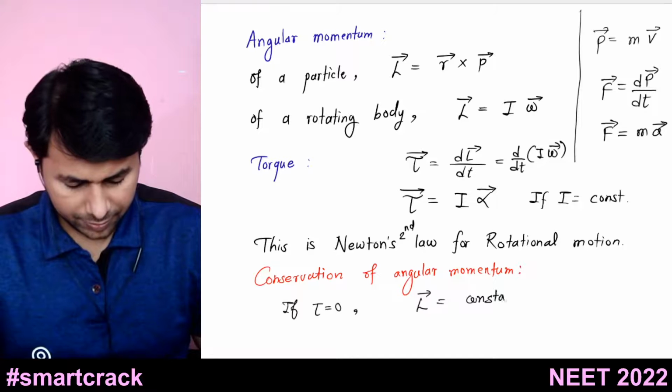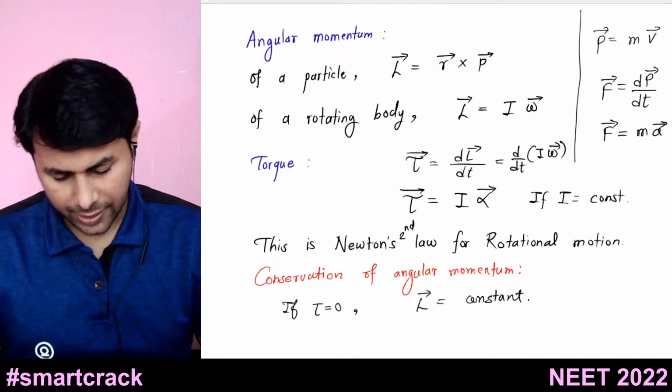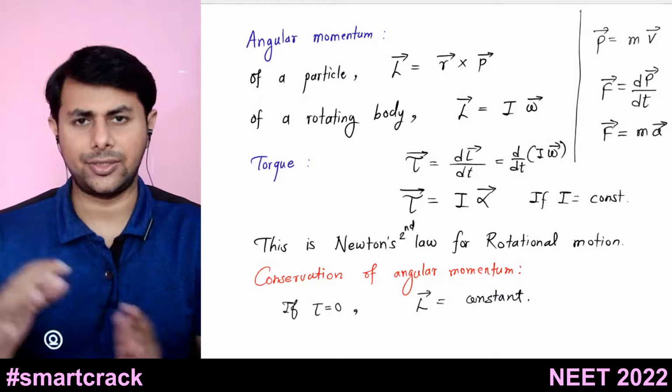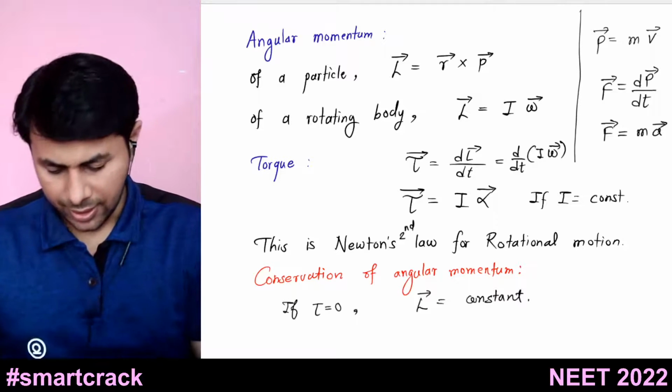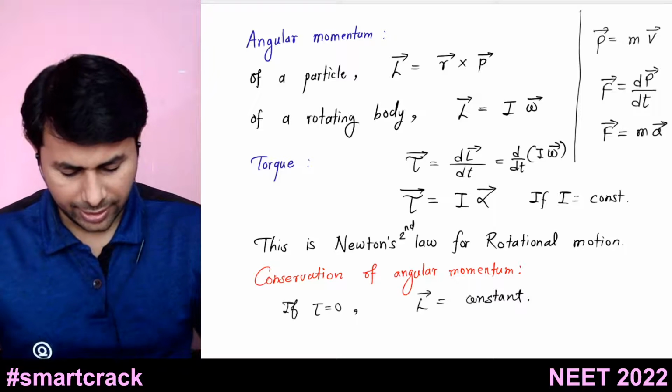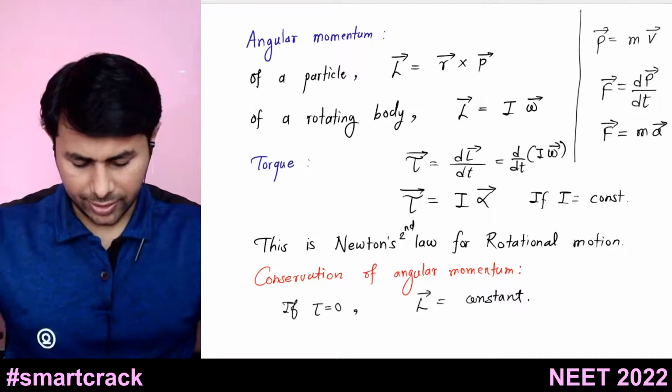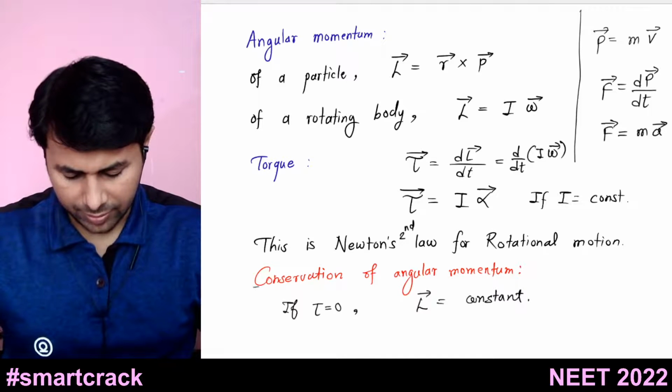Constant. Torque is 0 means the derivative of L with respect to t is 0. That means L is not changing, so L is constant. So if torque is 0, L remains constant or conserved, we can say. So this is the law of conservation of angular momentum.